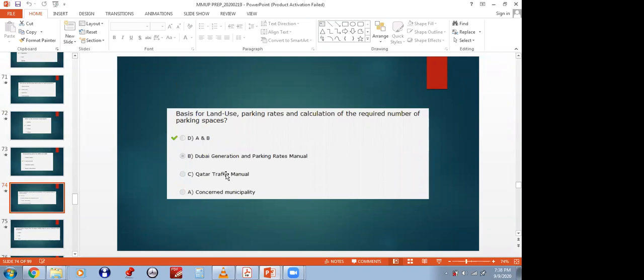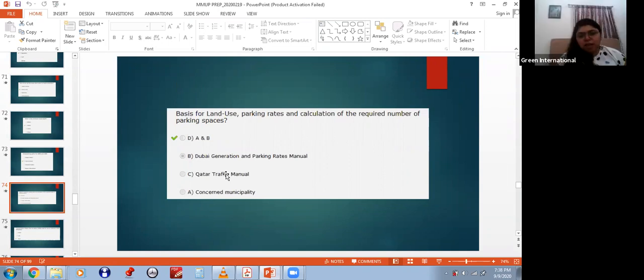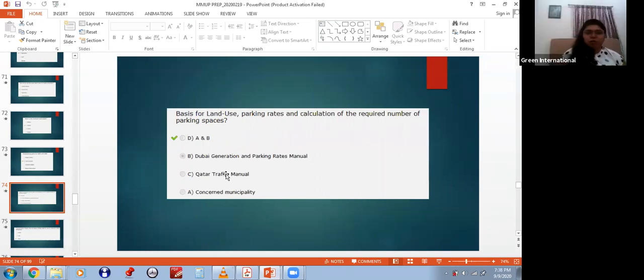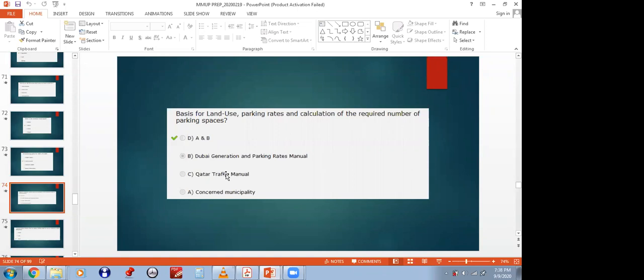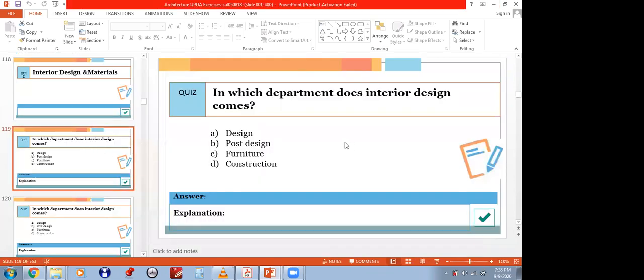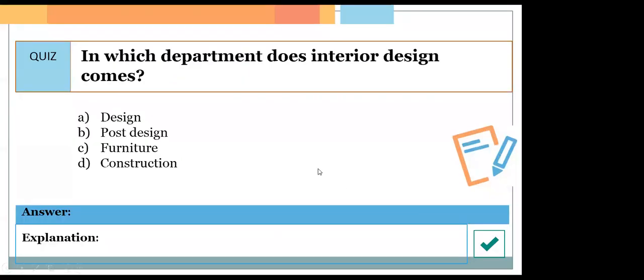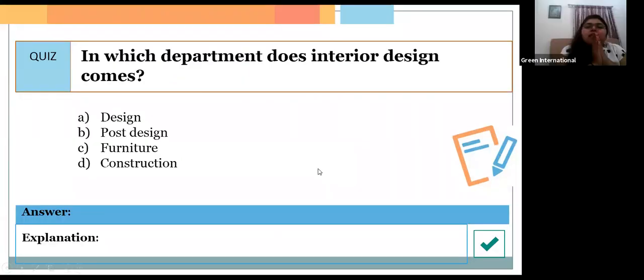So it will become C and A. I will put a note on it, because this was an old question. I was just confused why it is Dubai. Before, I think they had Dubai.